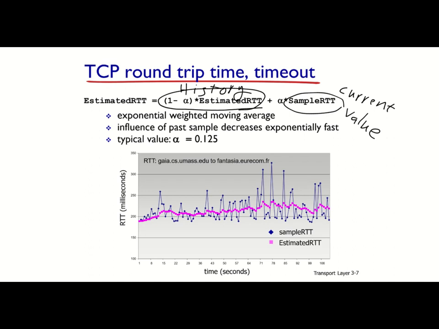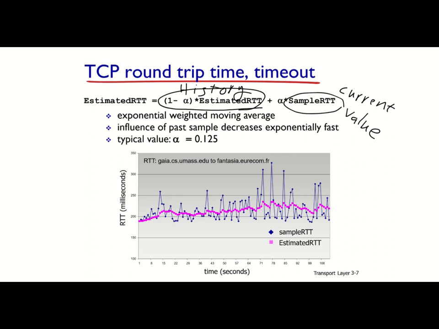So the alpha value specifies how we handle the weighted average. If you set alpha equal to a larger number, it means that you want to increase the impact of the most recent value.